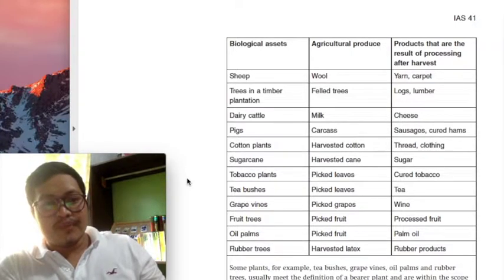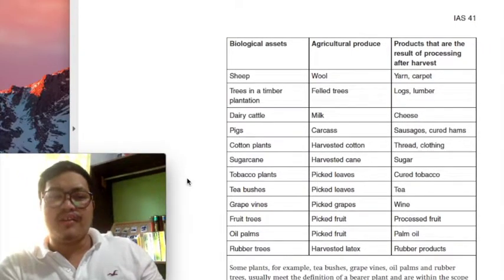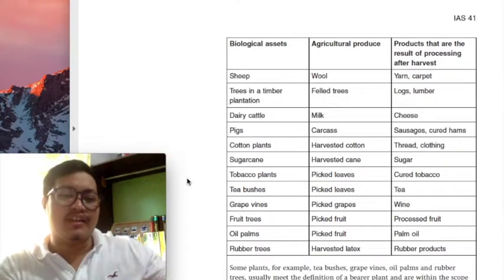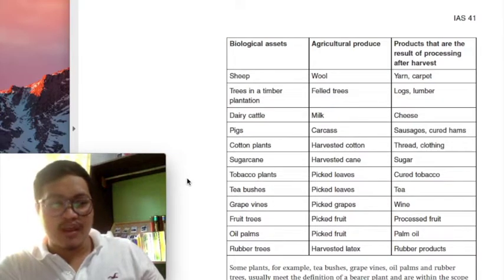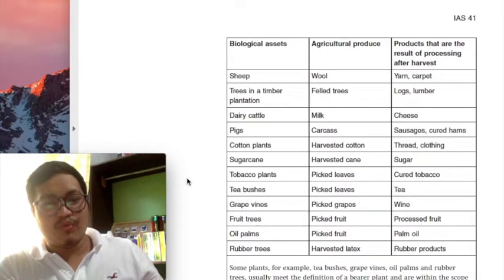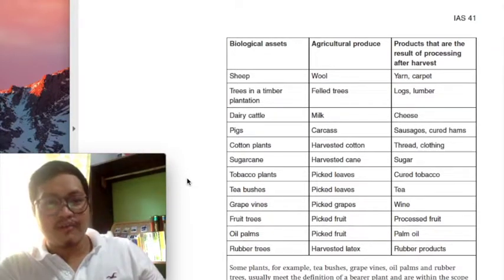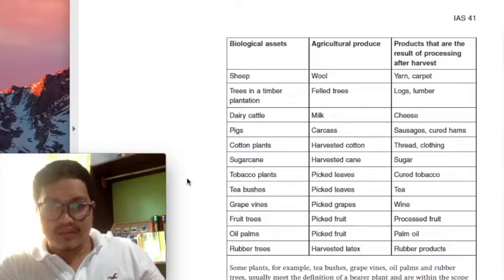Even as a student, I did not understand why an author would expect me to know that the yarn is a product that is sourced from a sheep. Why am I expected to know that?